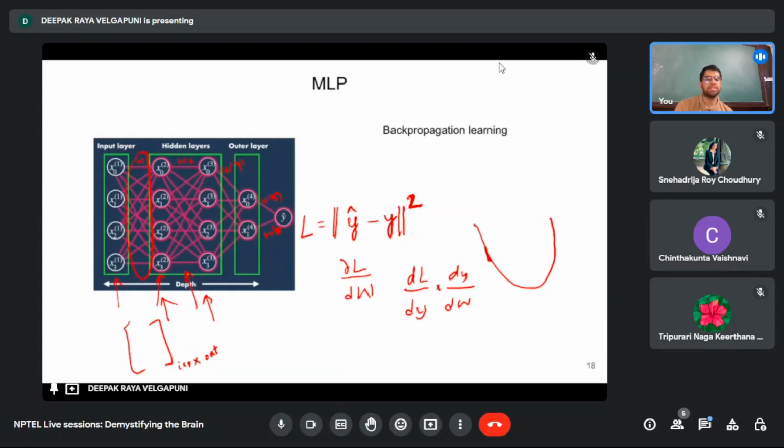At every stage you multiply the differentials, and when you reach a particular stage you update the weights at that stage. The backpropagation learning rule is nothing but the loss function differential, which you pass until the stage of your interest. So is this clear?